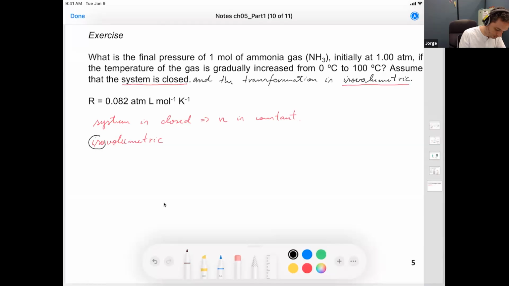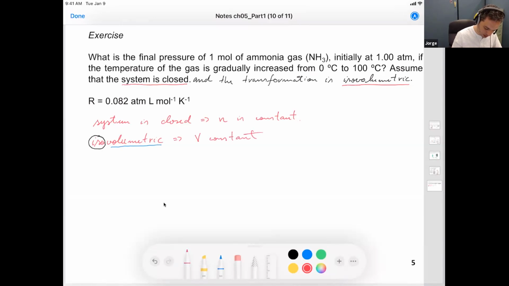Iso is always equals, and volumetric means this transformation happens at constant volume. So the volume of the initial state does not change compared with the final state.